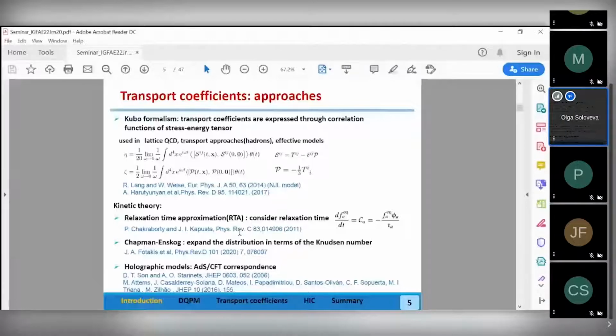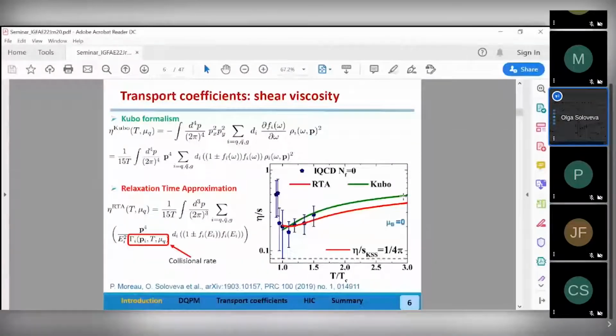For example, in the case of an effective model, these different methods can give slightly different values. In our case, in DQPM, you can see here the green line is the Kubo approach, and the red line is the relaxation time approximation.